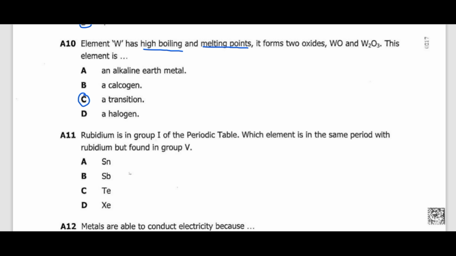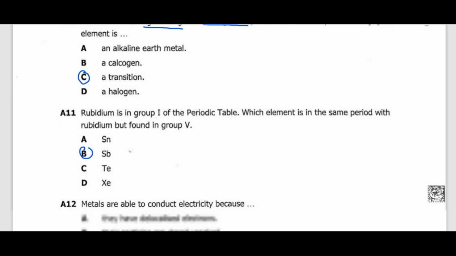Then we want the element in the same period as rubidium but found in group 5. Whenever you are using a periodic table, go to rubidium, then move along the same period to group 5. According to my periodic table here, the answer is C, Sb, antimony. That's how this one can be read.